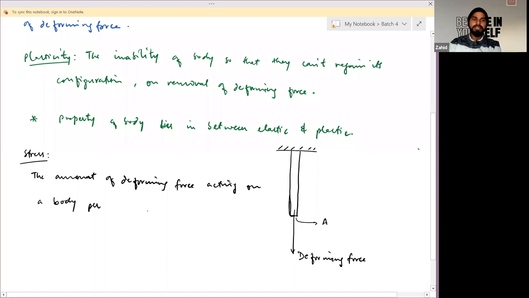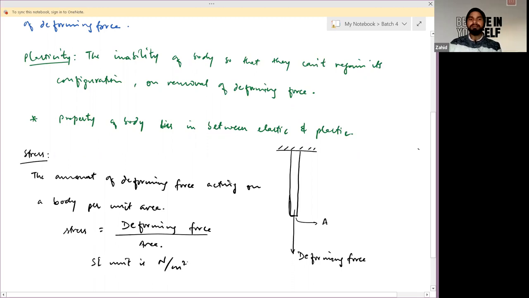So stress equals deforming force divided by area of cross section. The unit of force is Newton and area is meter squared, so the SI unit is Newton per meter squared. Is it clear?